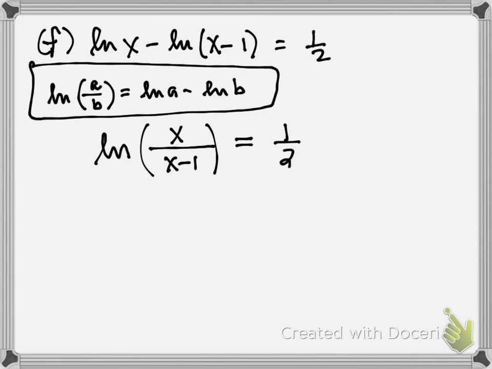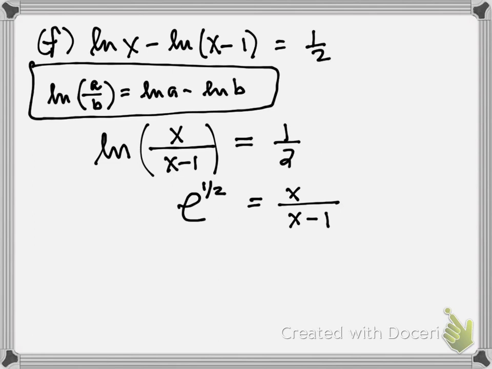Okay. I see ln of something equals a number. So again, we change this to exponential. The base for the ln is e, the exponent is 1/2, and that's going to be equal to x over x minus 1.